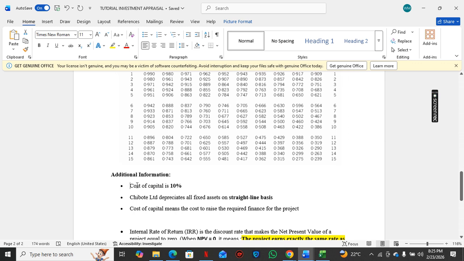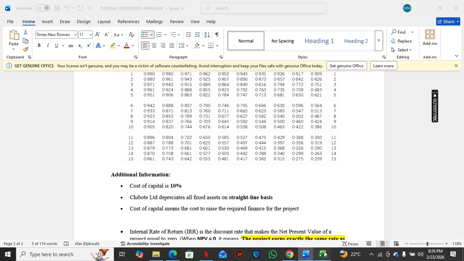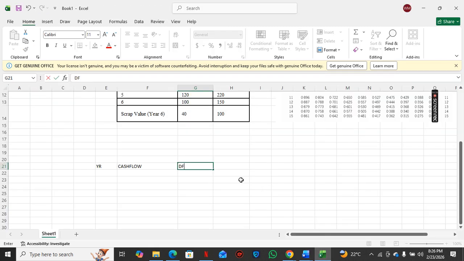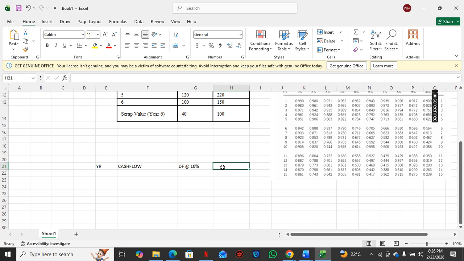In this question, the trader's cost of capital is 10%, so that is your discount rate. So it's a discount factor at 10%. Here you have your present value.